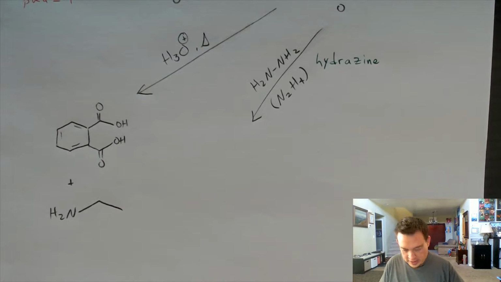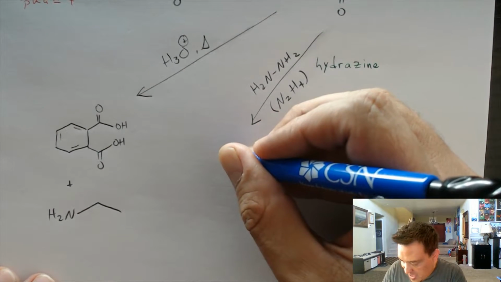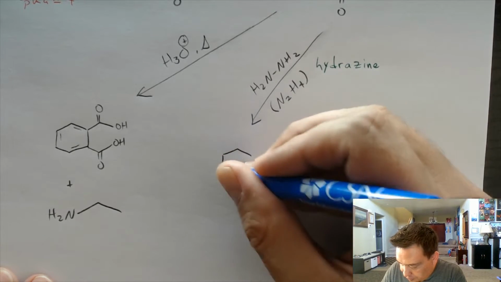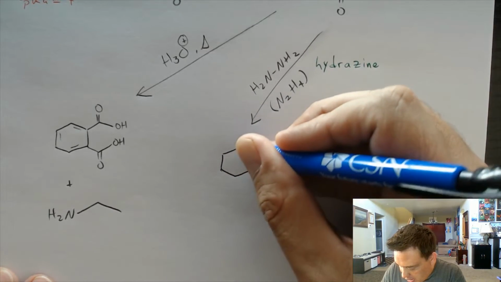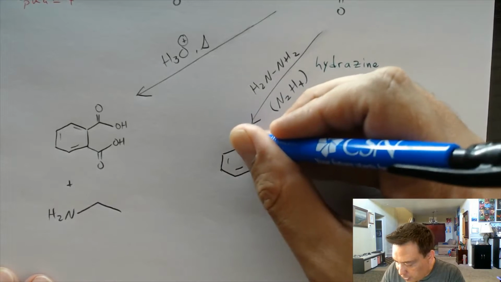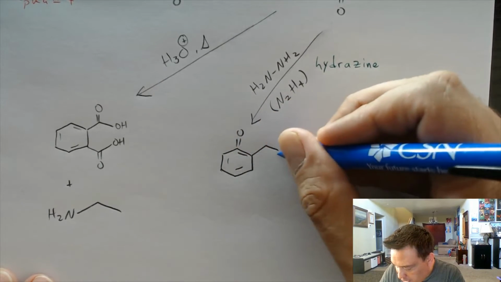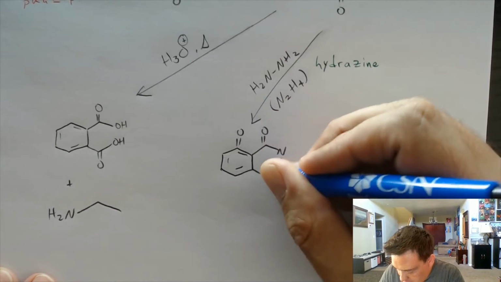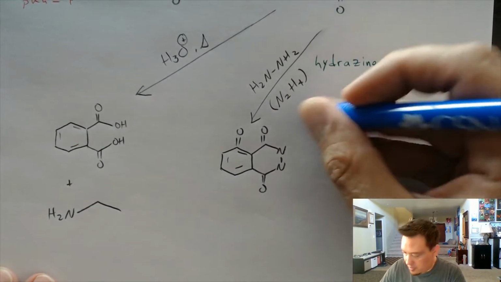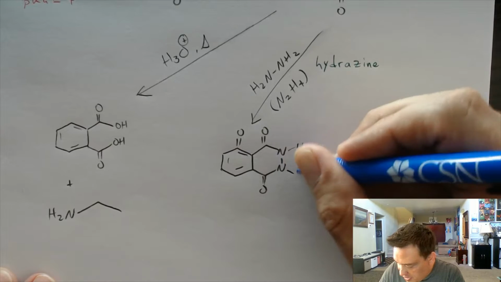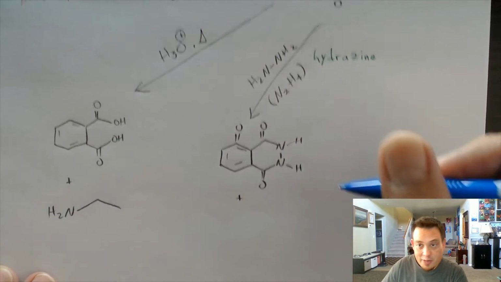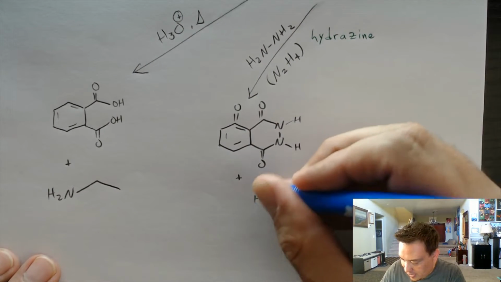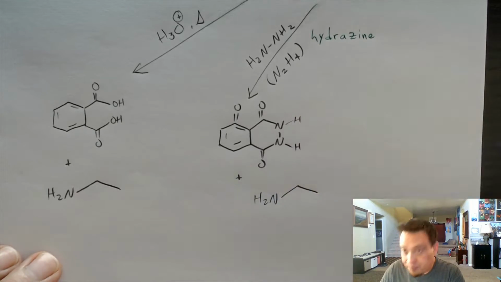All right, so what this is going to do, it's going to do an acyl substitution. And these 2 N groups are going to be plugged into this compound. Like that. And we have H and H. And then our side product is the one of interest, our primary amine.